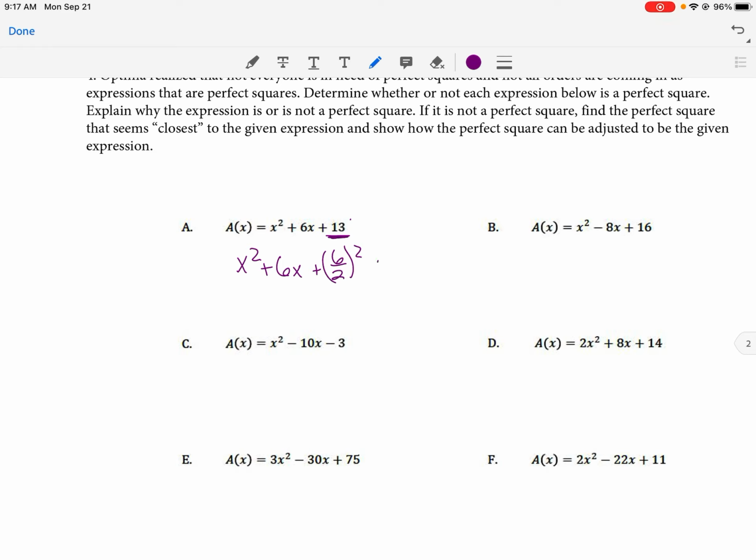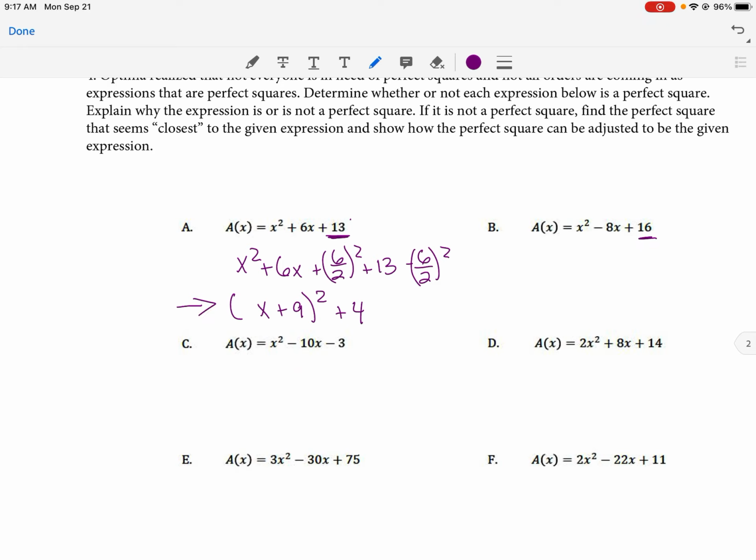We add that on, but we will also subtract it off. Quantity squared. Inside here, I get x plus 6 divided by 2 is 3, and 3 squared is 9. And then over here, I have 13 minus 9, which leaves you with 4. And that is our new equation there.